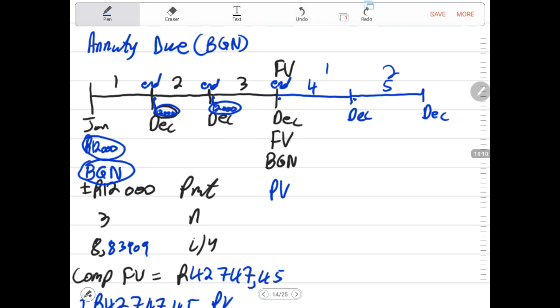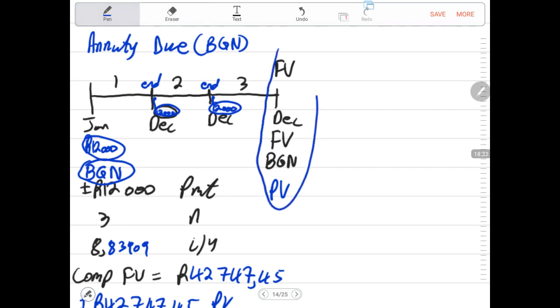And once again, if we're required to calculate the future value at the end of the term, that means it is the future value at this point where BGN must be used.